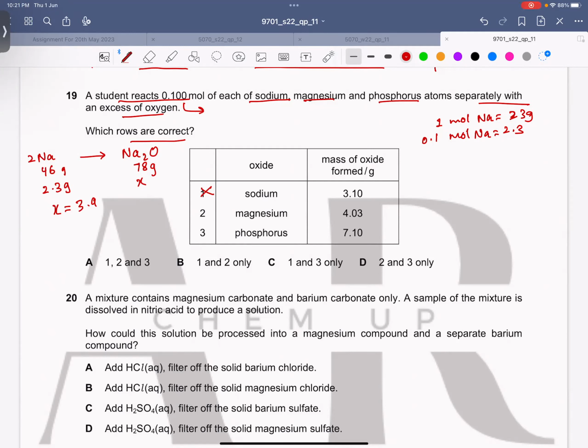Oh, I made one mistake, sorry. It's not 78. 46 plus 16, 52, 62. Take it as 62, then calculate. I actually added the mass of 2 oxygen.